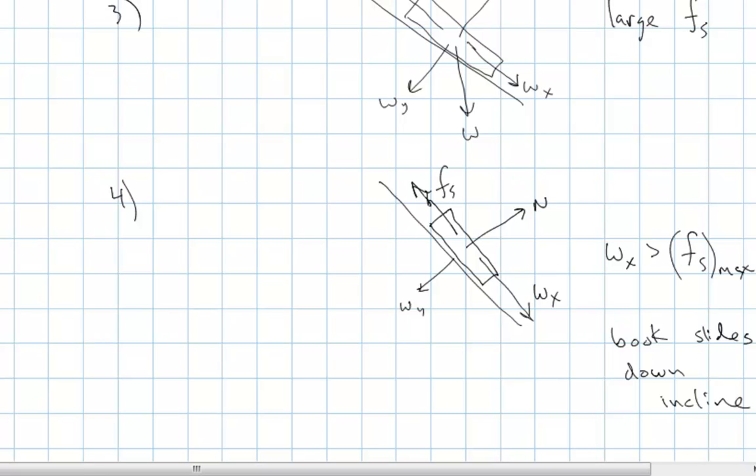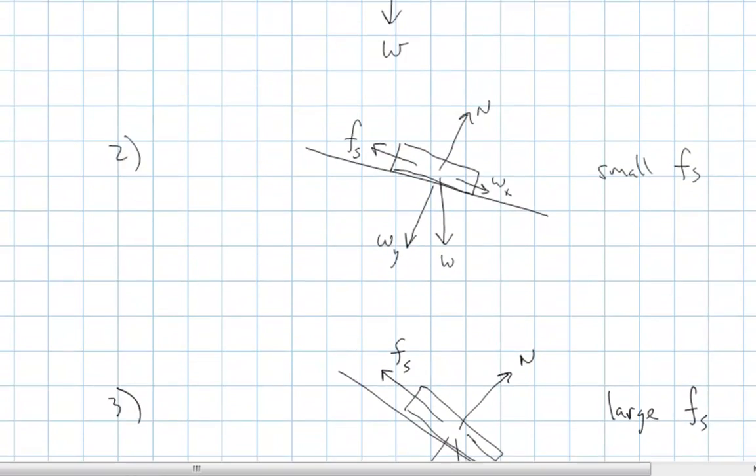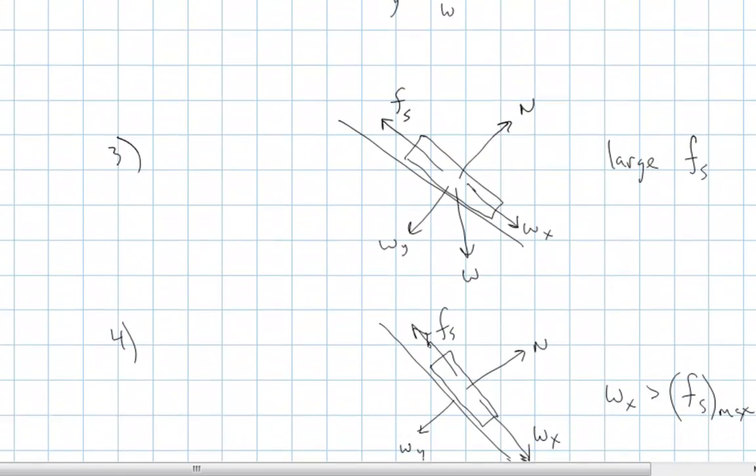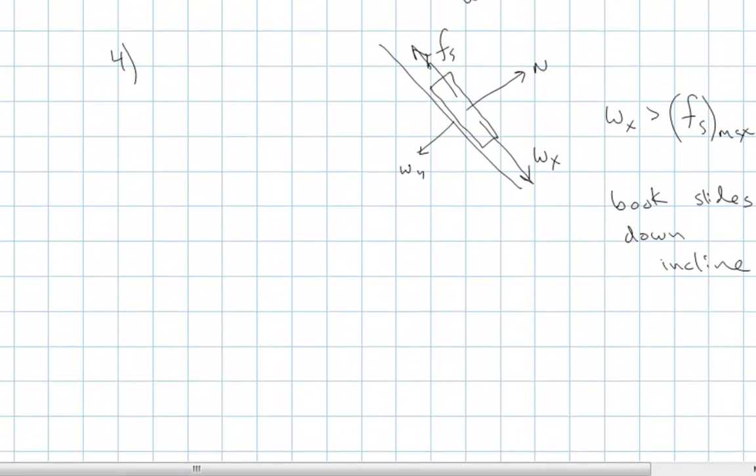So the static friction force is somewhat similar to the normal force. It reacts. It starts off at 0, and then as we tilt the table, it becomes larger and larger until it hits some maximum value. It can't get any bigger than that, and that's its maximum value, and then it gives up and the object starts to slide. That's static friction.